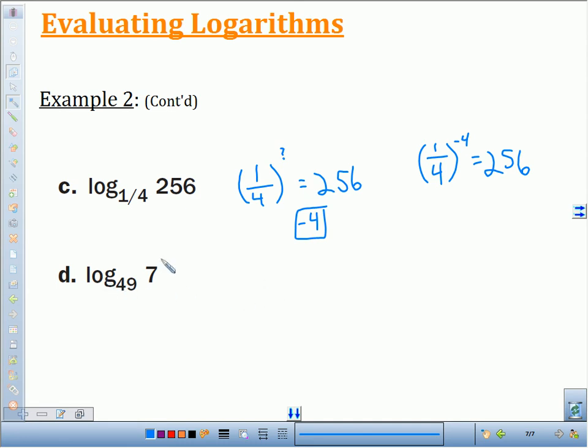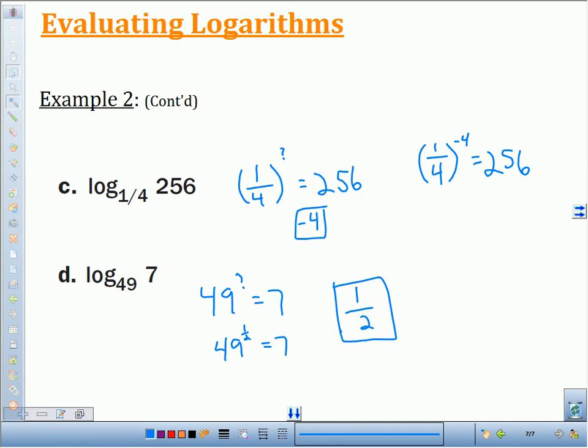If I have log base 49 of 7, right, what power do I raise 49 to get 7? Well, we know that 7 is the square root of 49. Well, if 7 is the square root of 49, then that would be raising 49 to the 1/2 power. That means that log base 49 of 7 is 1/2.